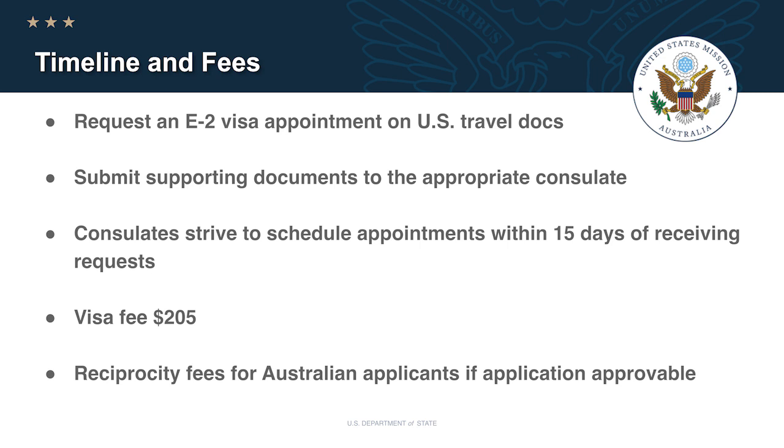We do our best to respond to appointment requests within 15 days, depending on how busy we are. Different consulates have different submission requirements, so be sure you're checking with our website to make sure you're doing the right process for the right consulate. These fees, though currently at $205, are subject to change.